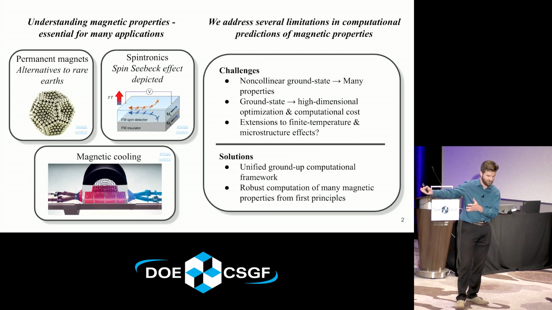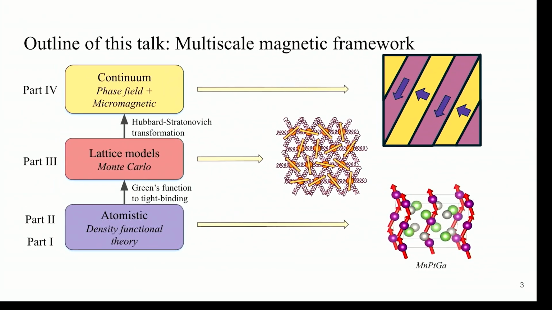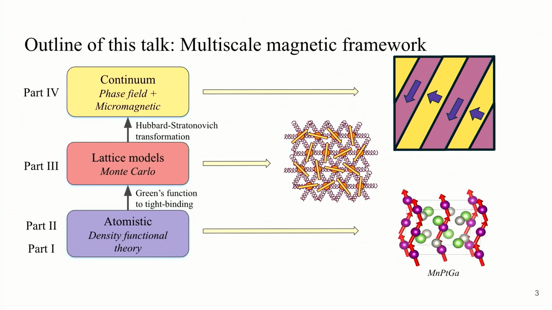So how do we tackle this problem? I propose and have developed each level of a multi-scale computational approach that wouldn't have been possible without the support of CSGF and the greater community and the practicum experience. So I'll try to cover everything from atomistic DFT up to the lattice models, Monte Carlo results, how do we get finite temperature behavior, and finally, even the continuum.